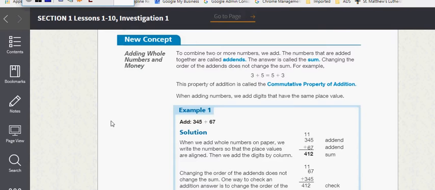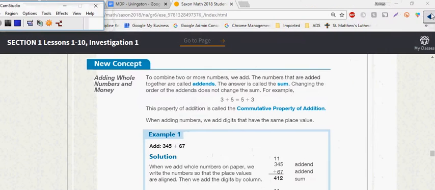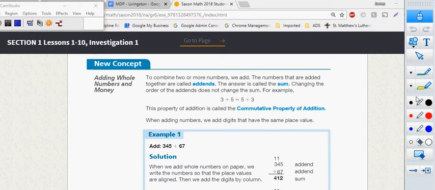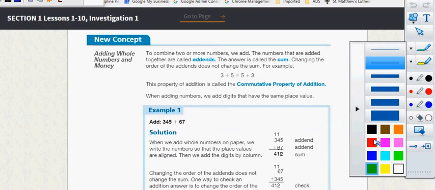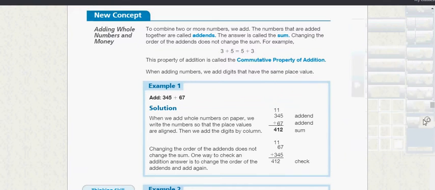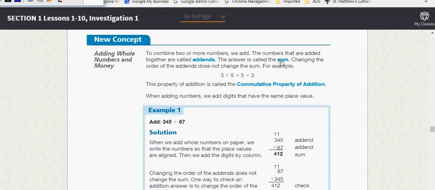But the new concept to start, adding whole numbers and money, reminds there's a couple terms we're going to use throughout a school year that are important. Some of the first ones you want to know in math class are add-ins and sum. The add-ins are the different things you are putting together in an addition problem to get to your answer, which is the sum.